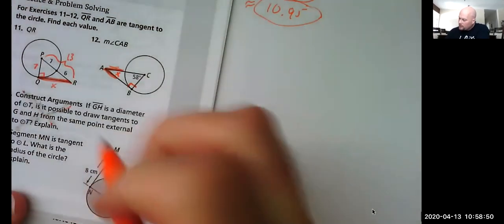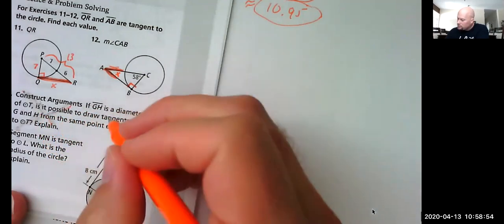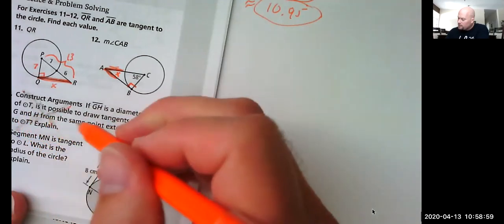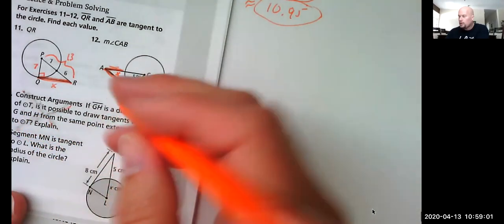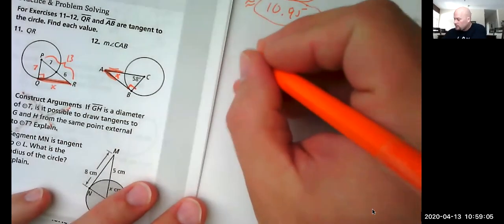I lied. If GH is a diameter of circle T, is it possible to draw tangents to G and H from the same exterior point? So what they're saying, and let's just draw a circle here.